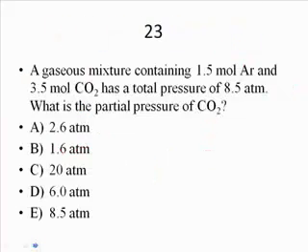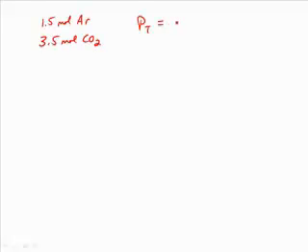Okay, 23. We have a mixture of 1.5 moles of argon and 3.5 moles of CO2, and a total pressure of 8.5 atmospheres. I want to know what the partial pressure of the CO2 is. Okay, we have 1.5 moles of argon, 3.5 moles of CO2, and our P total is 8.5 atmospheres.